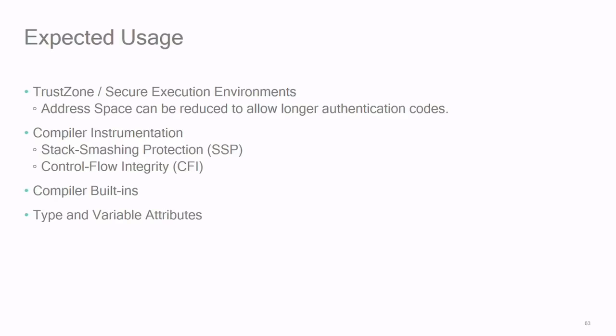I think the most reasonable way to expose this to developers is with compiler instrumentation. So flags like -fstack-protector, something like that. And this would be a good way to expose stack protection that takes advantage of pointer authentication or control flow integrity. A less useful way of exposing it is with compiler built-ins to let you get at the instructions directly. And this might be necessary if, say, a library designer decides that this pointer to this data structure or this free list should be protected.